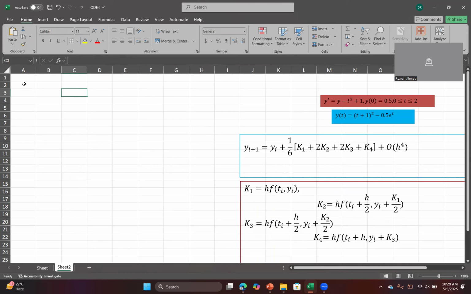So I reserve a column for the time variable, and then I reserve 4 cells for the distinct K calculations.